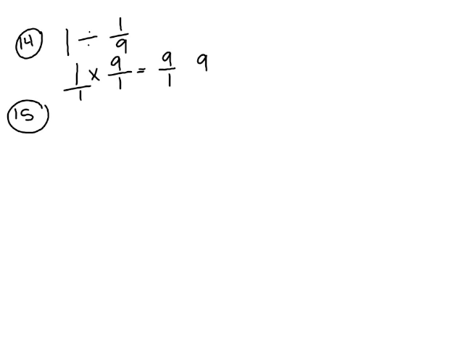Problem 15, 2 divided by 1/3. What do I do with that 1/3? Multiply by the reciprocal. Flip it over and multiply by the reciprocal. Put a 1 under my 2, make it easy. 2 times 3, 6. 1 times 1, 1.